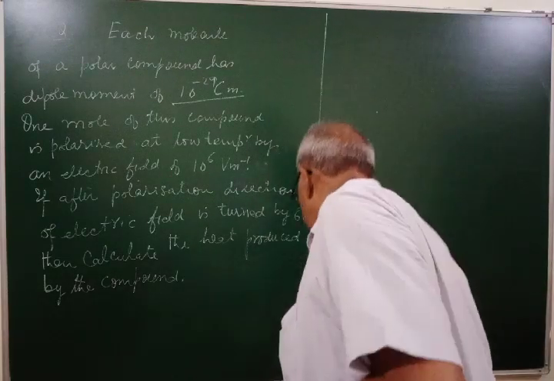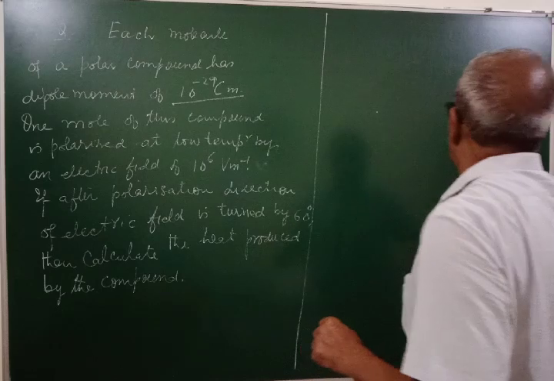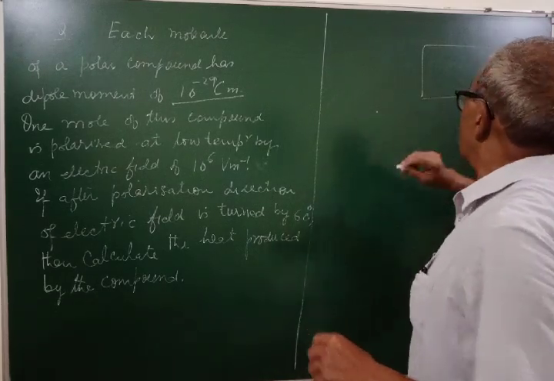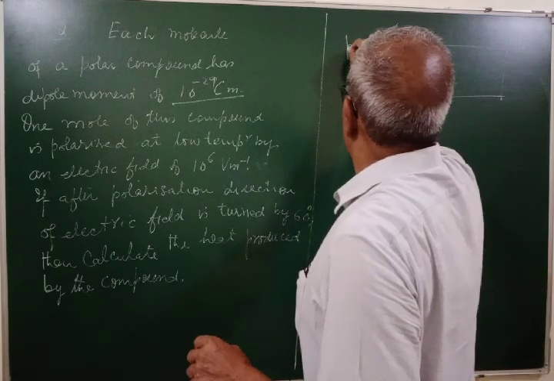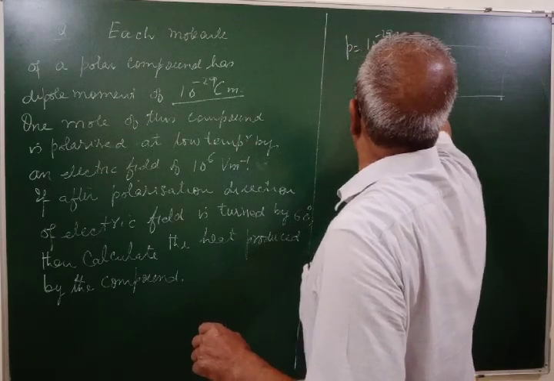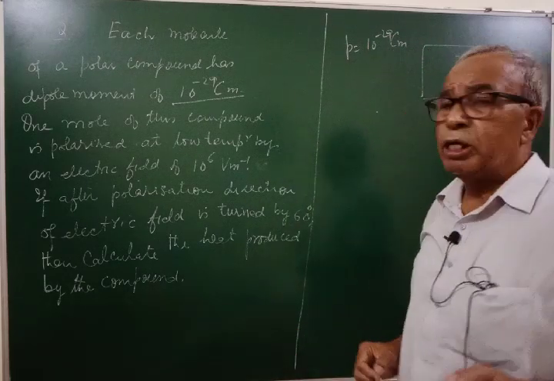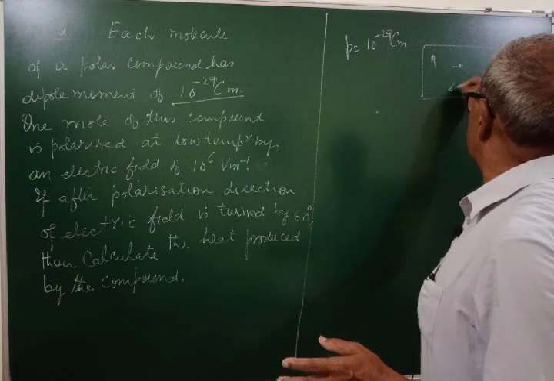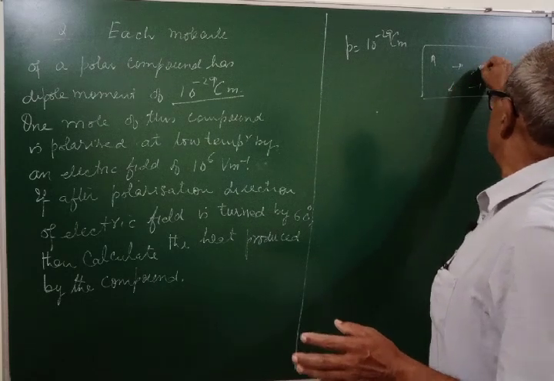1 mole of a covalent compound, suppose kept here in a container, each molecule has dipole moment P equal to 10 to the power minus 29 coulomb meter. In the absence of an electric field, they will be random. The dipole direction of different molecules will be different.